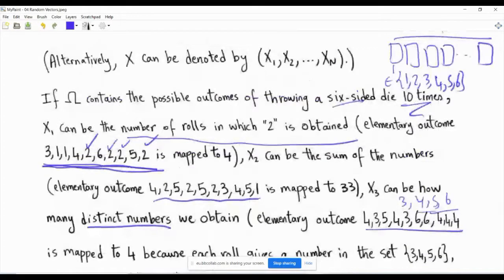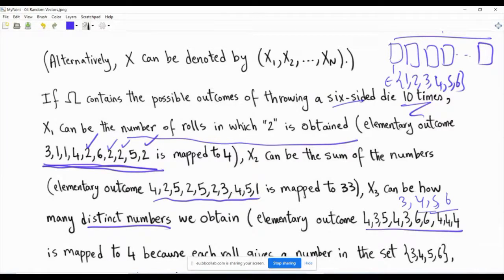For random vectors, again, sometimes you are interested in all these at the same time. That's the reason you are not interested in just one numerical result related to the outcomes. You are interested in a bunch of them at the same time.